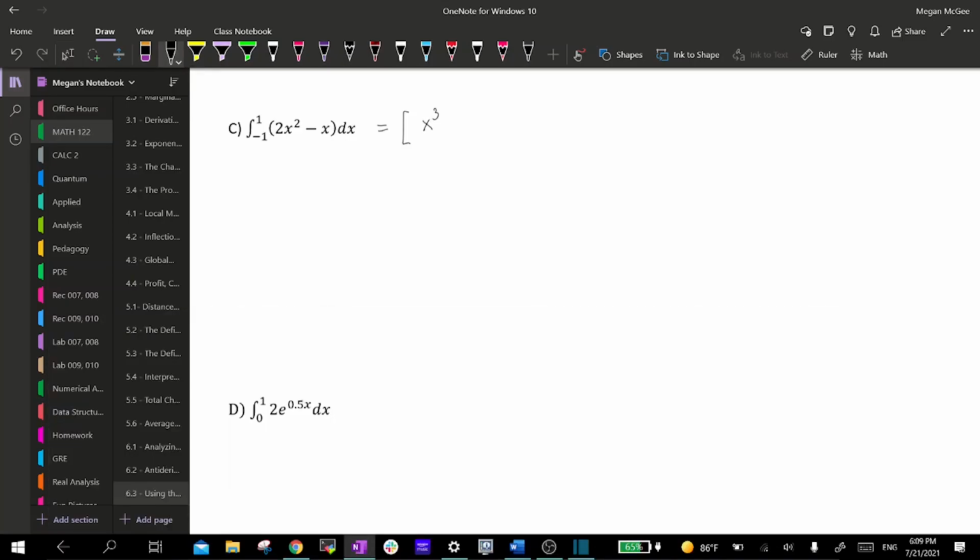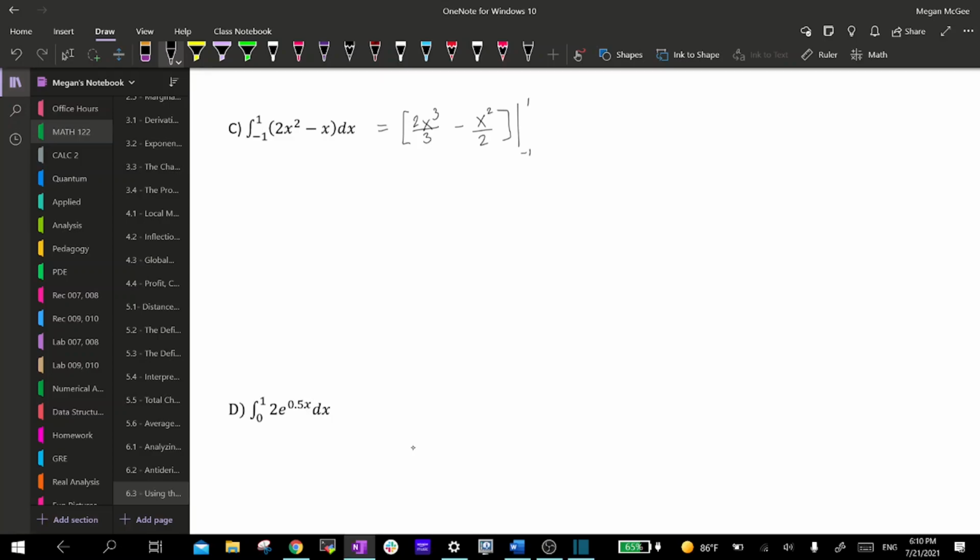We're going to divide by 3, but we had that 2 there as a constant. So we have 2/3 x cubed minus x squared divided by 2. And then evaluated from -1 to 1.